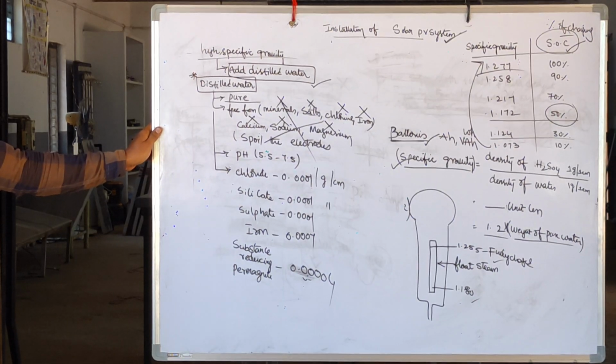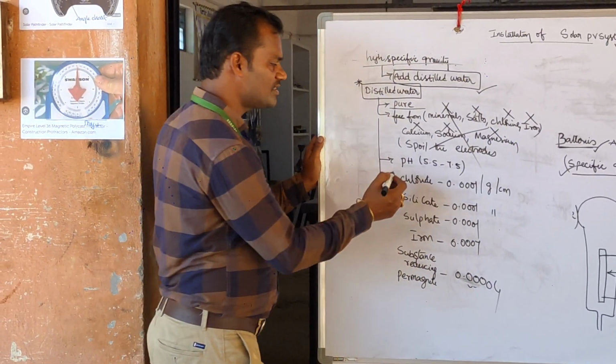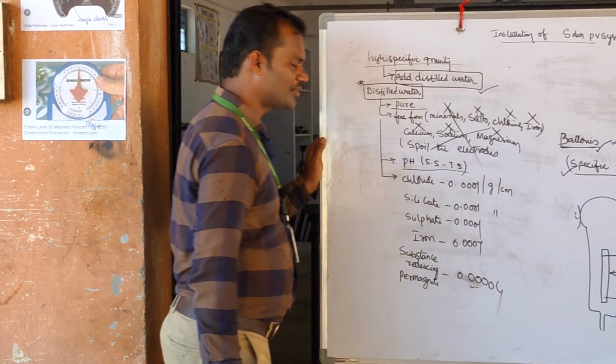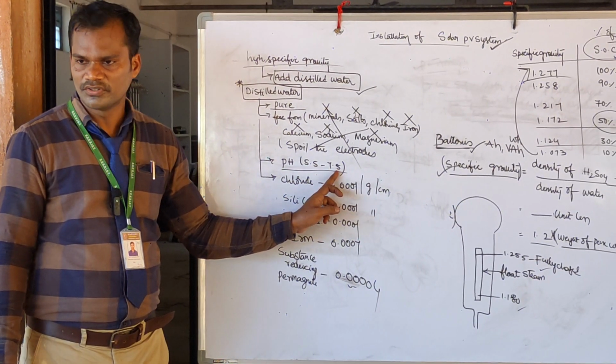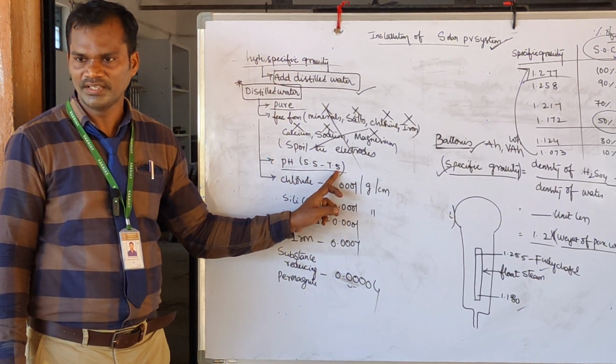And the distilled water that you get from the market should have a pH value of 5.5 to 7.5. The pH value should be maintained.